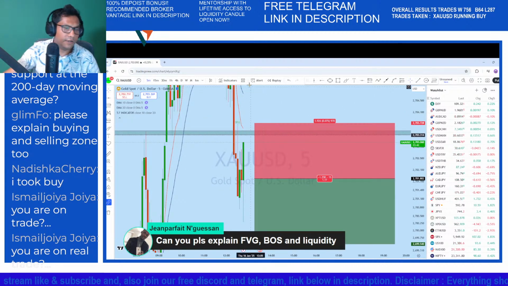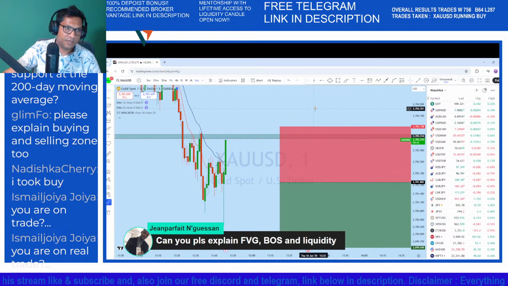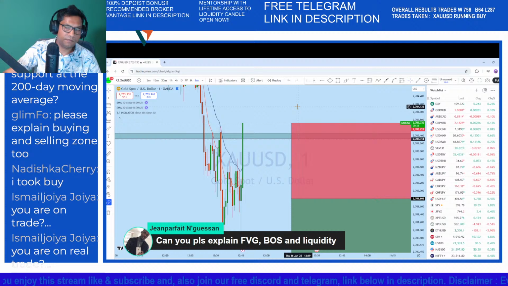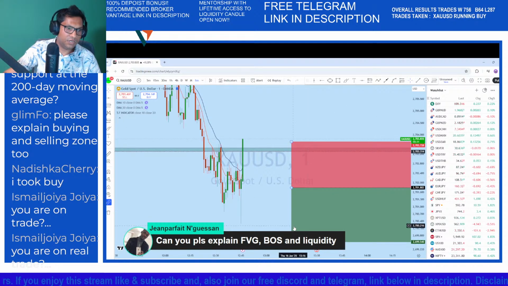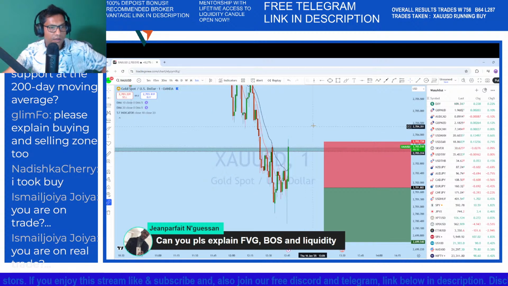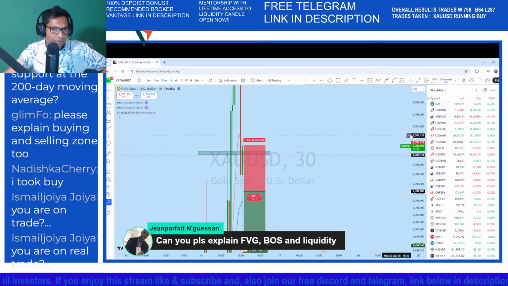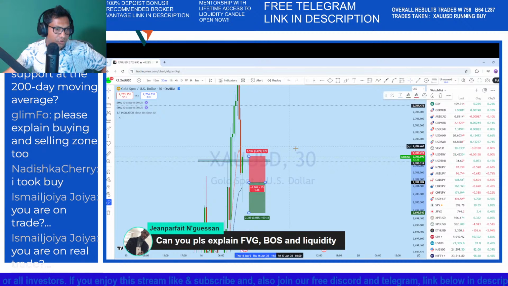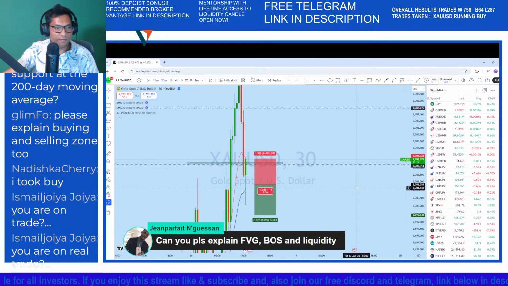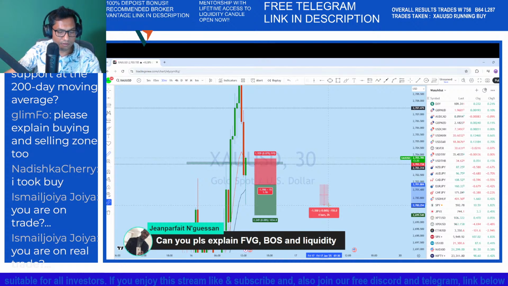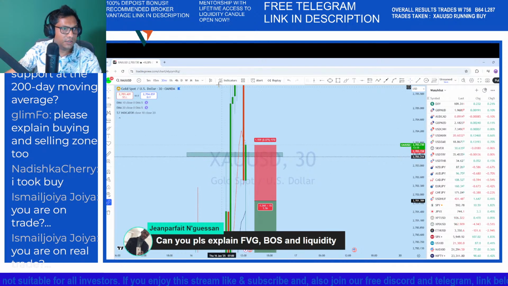This is where the market got a rejection again. It's almost nearly to the TP, has got rejection. Wait for the price to show up again, could take that one. This is when you have a tight stop loss.